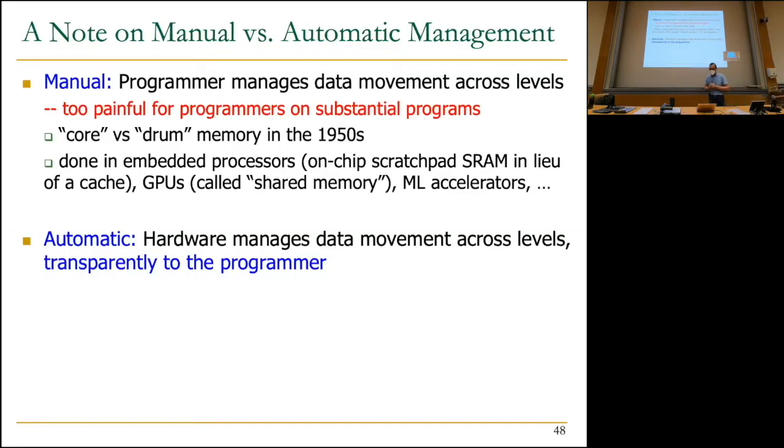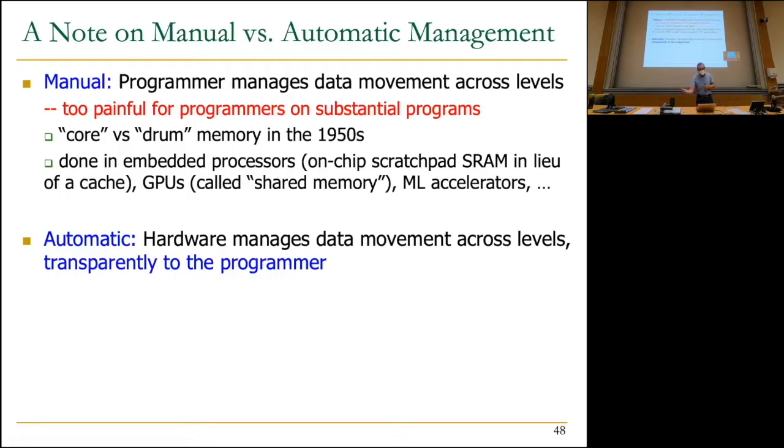Now, unfortunately, GPUs have a bad name for it. At least one company has a bad name for it. It's called shared memory. It's a terrible name for a scratchpad memory, because shared memory normally means that it's shared by multiple different processes, etc. Anyway, people don't name things nicely, but if you hear shared memory in GPUs, it's really scratchpad memory. It could be something else also, unfortunately, because it's called shared memory.